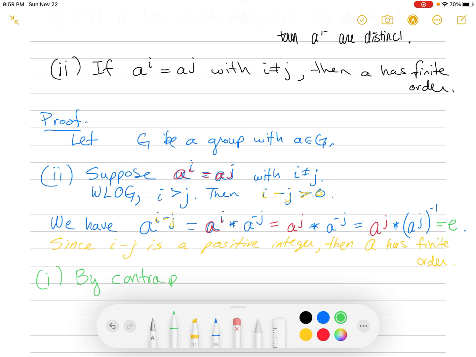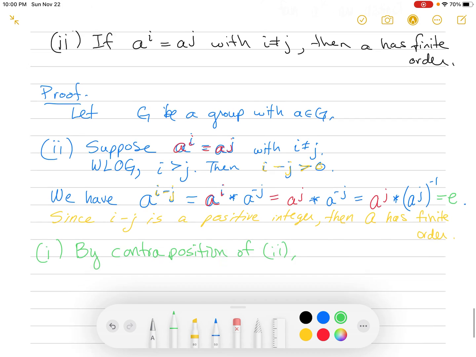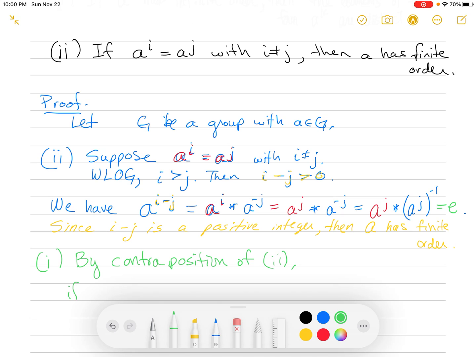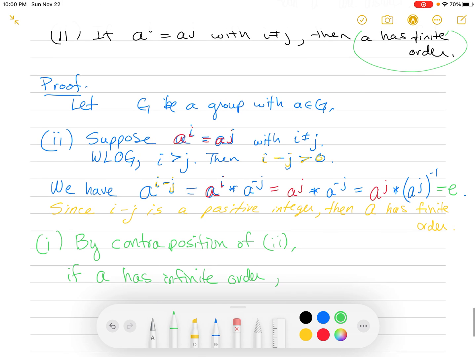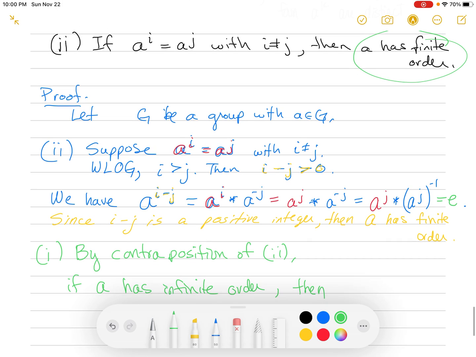By contraposition of 2, you would say, if a has infinite order, then a to the i is never equal to a to the j for i not j.